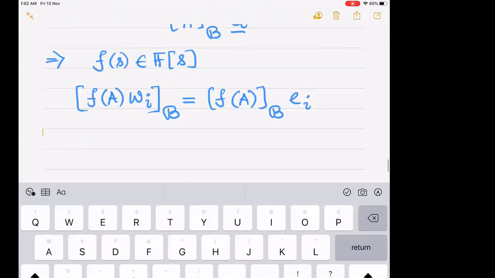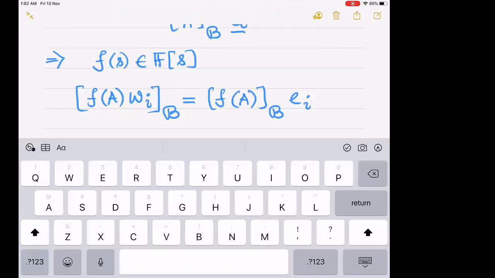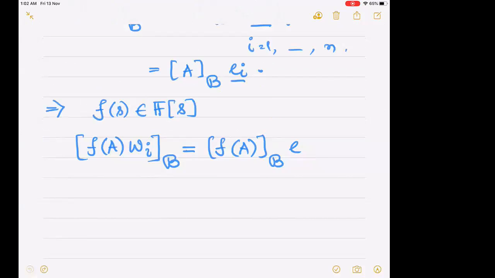Okay, let's not do any step jumps. Let's just write everything that we know. This is W_i's representation in B, which is the same as f(A_B) E_I.